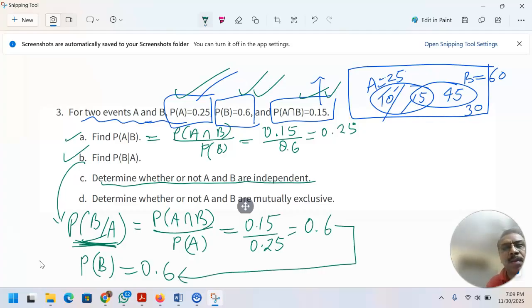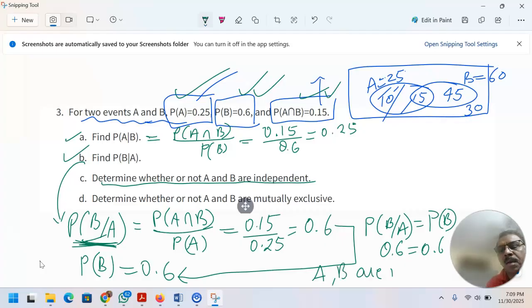So what did we learn from here is that the probability of B when A has occurred is the same as the probability of B, which is 0.6 is 0.6. So the conclusion is A and B are independent. Right?